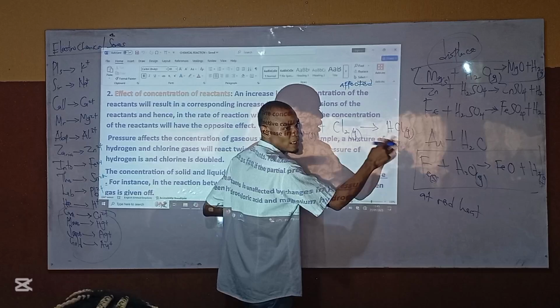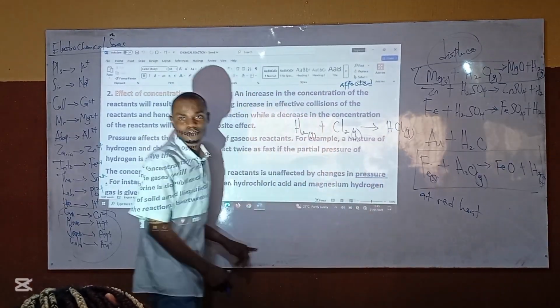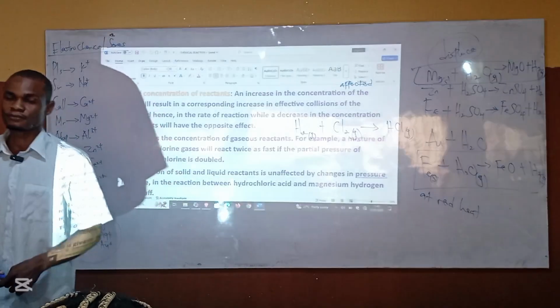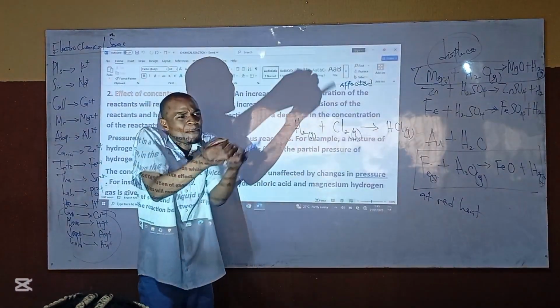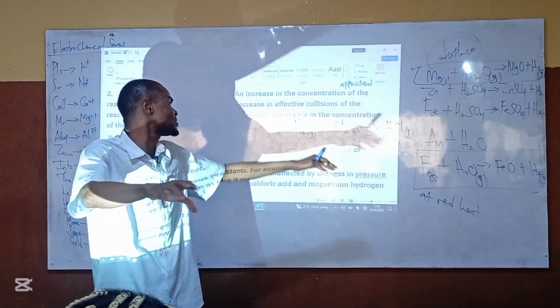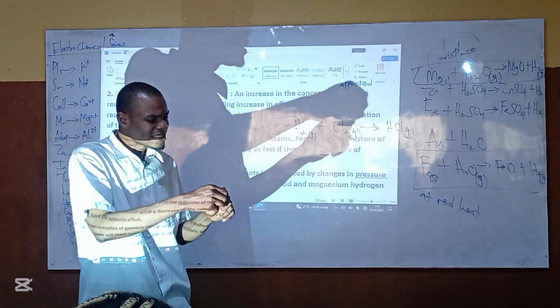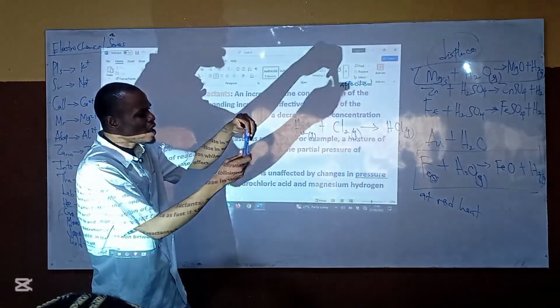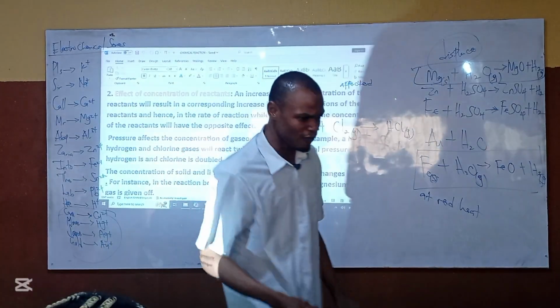For you to form acid, you are going to dissolve this gas in water, and it will form hydrochloric acid. Now when I say pressure for gas, you have to put them in one small container. If you put gas in a big place, they are free, but when you put gas inside a small container and tighten it, you have increased the pressure. That is the meaning of pressure for gas.